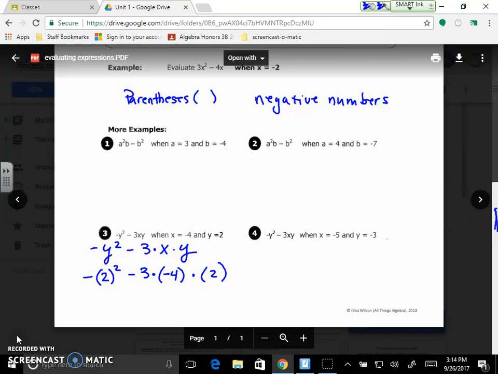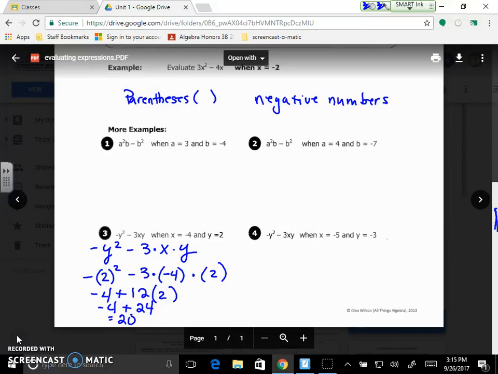So when we square 2, this is really 2 times 2, which is 4. Your negative sign comes down. So you have negative 4. And we multiply negative 3 times negative 4. It gives you a positive 12. And that 12 is going to be multiplied by 2. So now do your multiplication. So you have negative 4 plus 12 times 2 is 24. And negative 4 plus 24 gives you a positive 20.